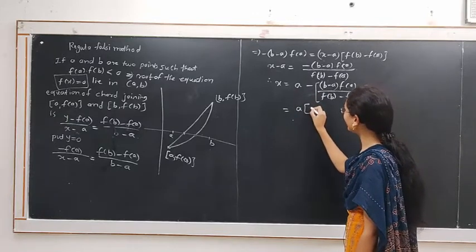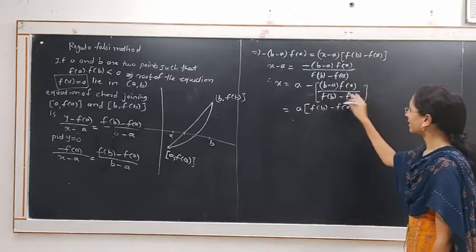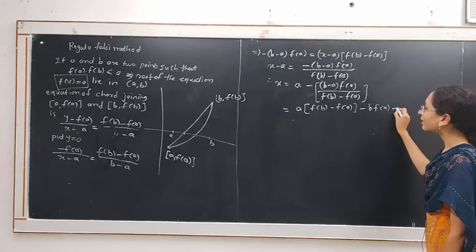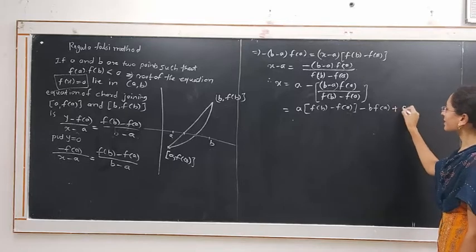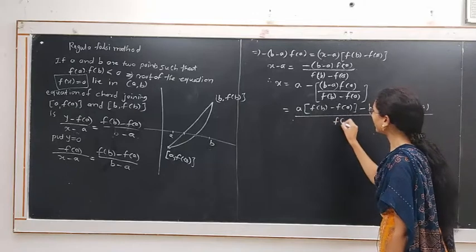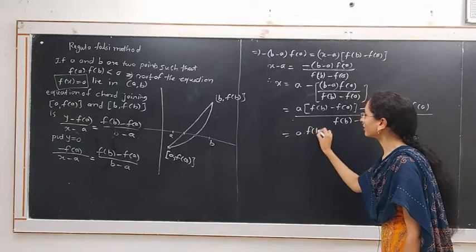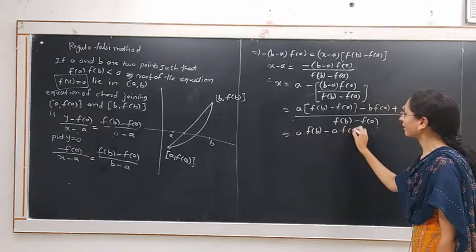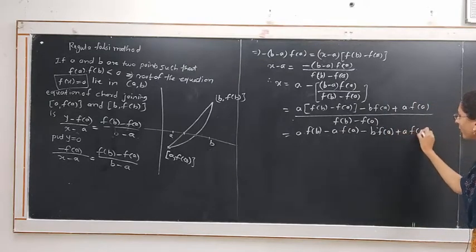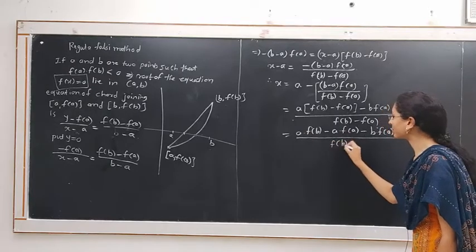Hence, this term is a into f of b minus f of a, minus b into f of a, plus a into f of a upon f of b minus f of a. This is equal to a into f of b minus a into f of a minus b into f of a plus a into f of a upon f of b minus f of a.